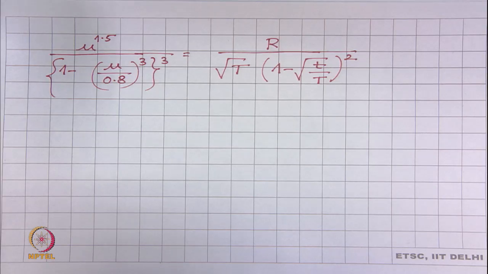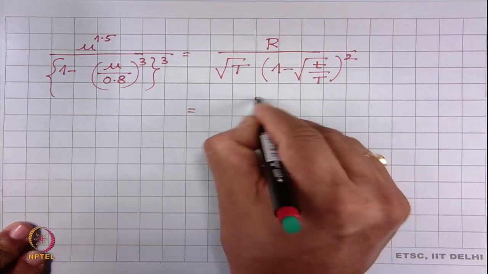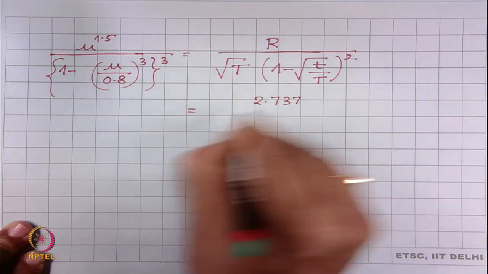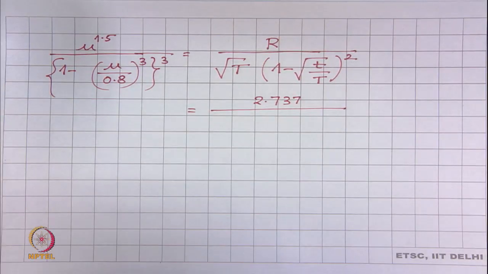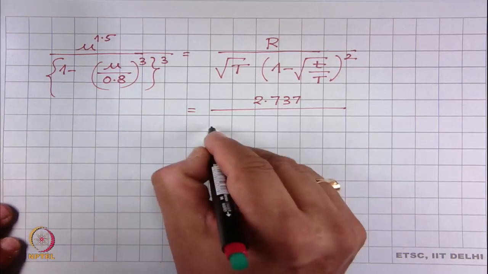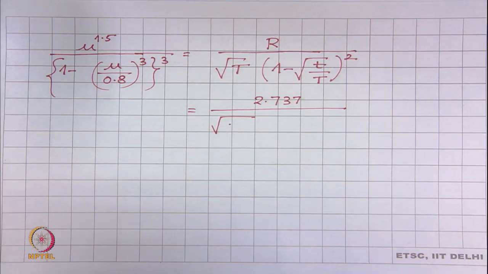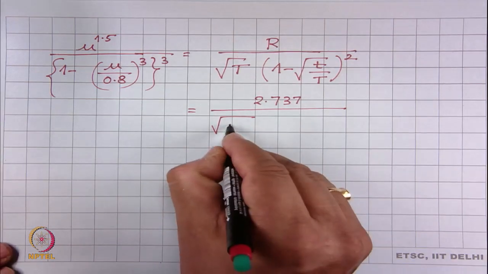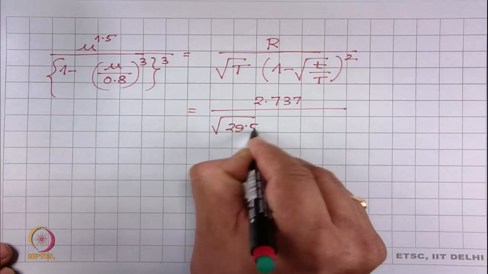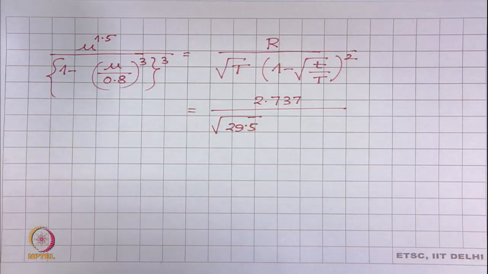So, what are the values given? The value of R is given, 2.737. The value of capital T and also the value of small t are given. What is the value of capital T? Capital T is 29.5 tex, is it not?